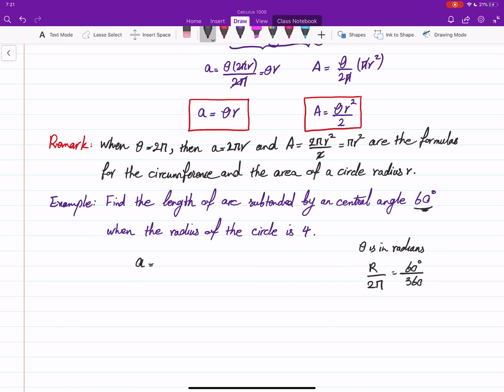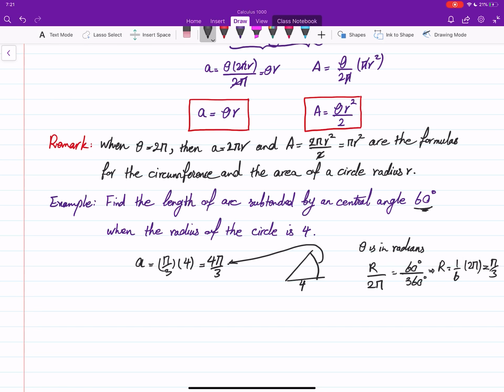This is 1 over 6 of the full circle. Then it is 1 over 6 times 2 pi, which is pi over 3. So theta is pi over 3, times r, which is just 4. And that gives us 4 pi over 3. The length of that arc is going to be 4 pi over 3 when the radius is 4.